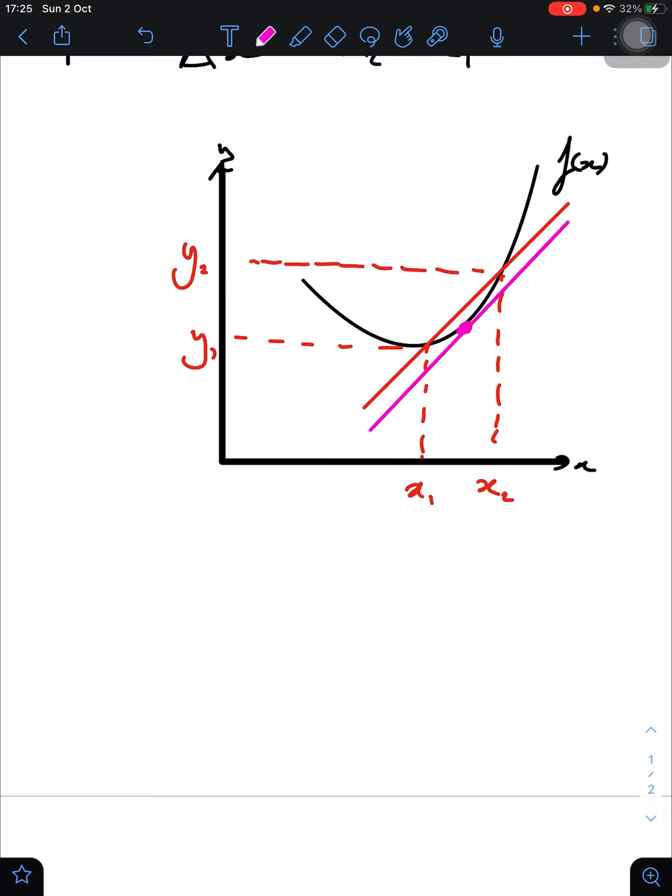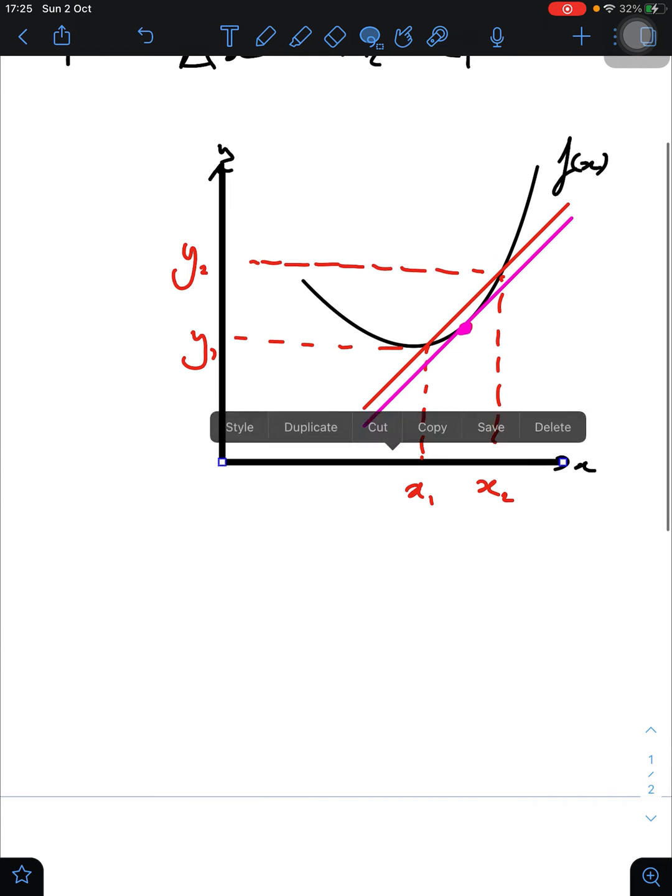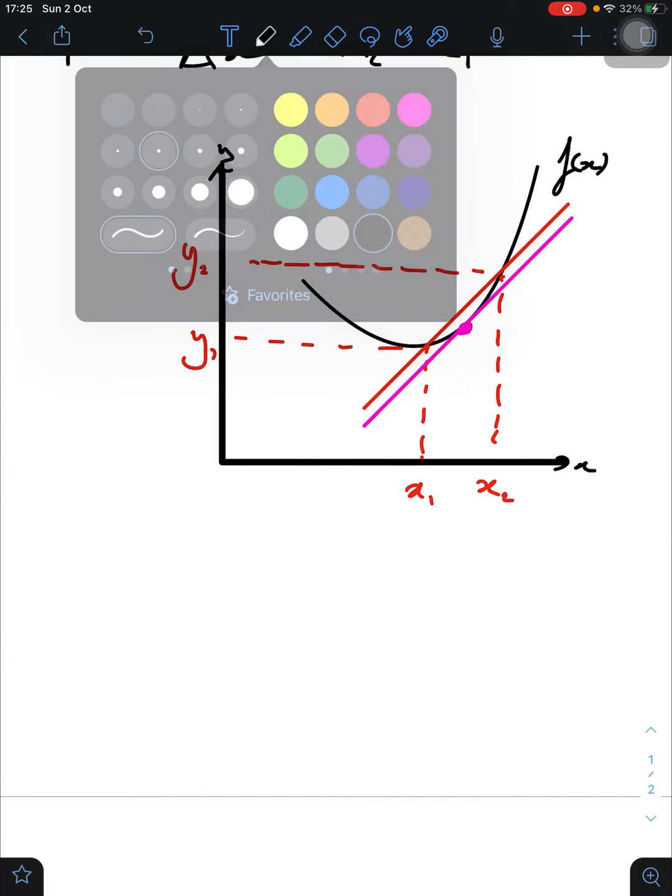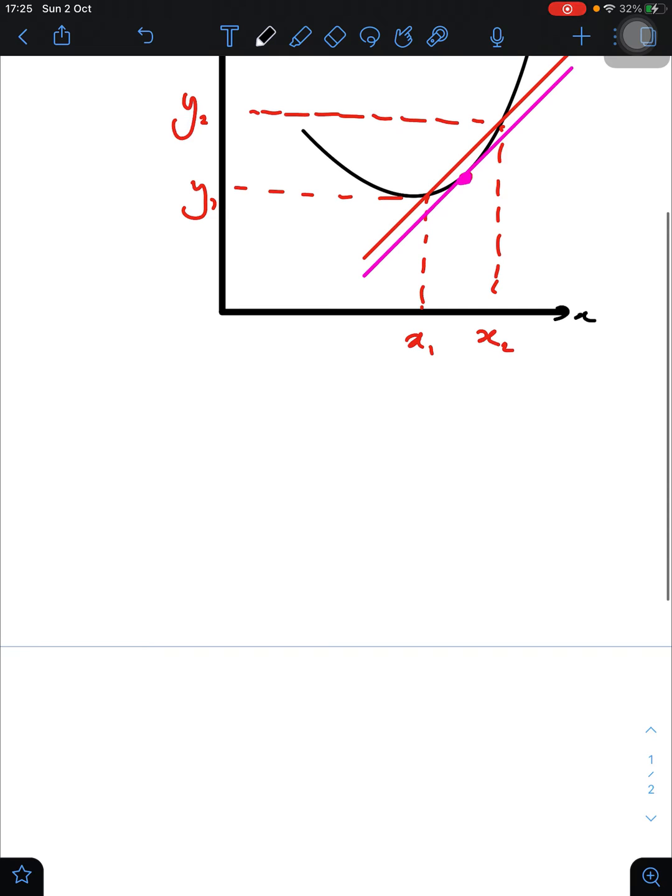And so the tangent touches the curve at just 1 point, which is the definition of a tangent. And so if we now label these points here, x1 and y1, just simply as x, and then x2 here is x plus h.